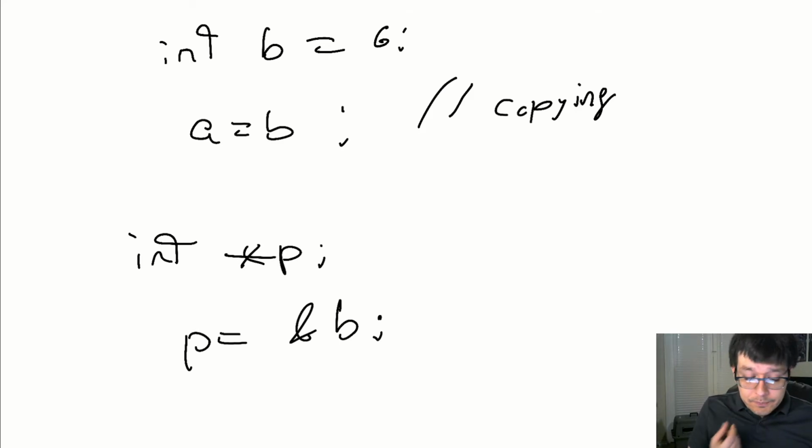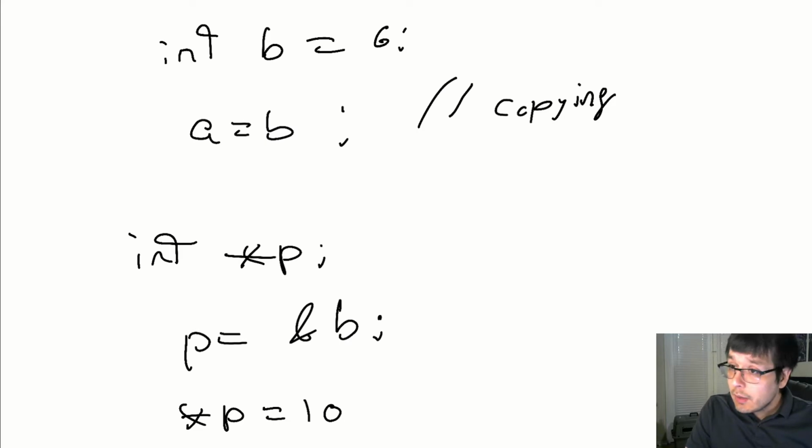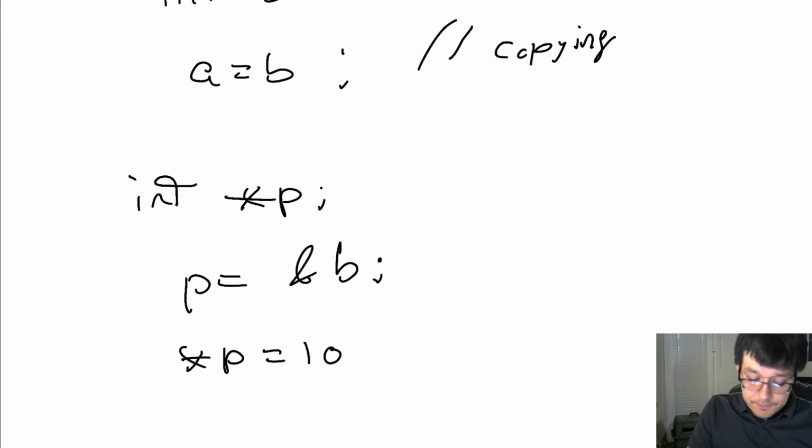So if I modify b, *p is going to get modified indirectly, right? And if I say *p gets 10, and then I cout b, then b is going to contain 10, right? So that's an aliasing. That's kind of like a shallow copy per se. It's not a real copy. They're not independent of each other. They're linked. Okay?